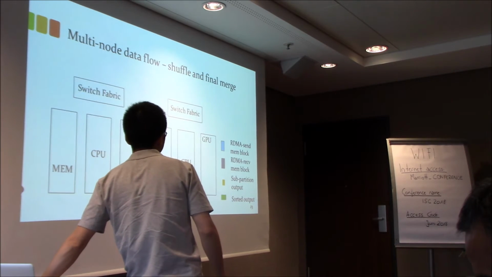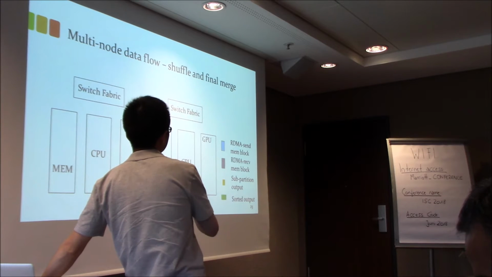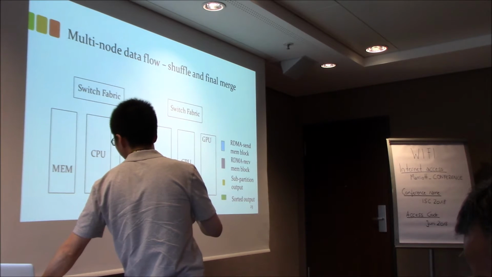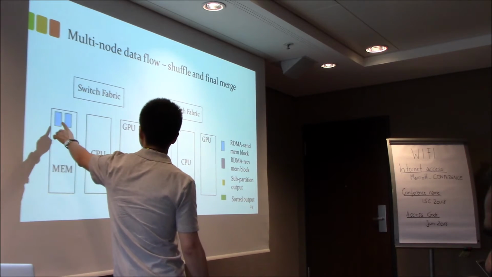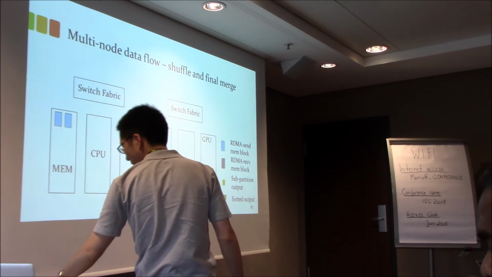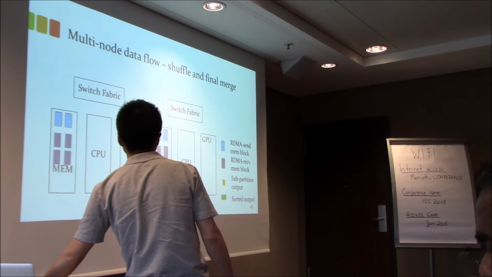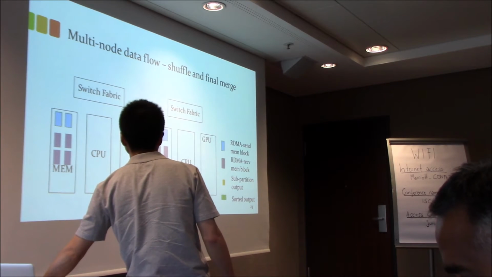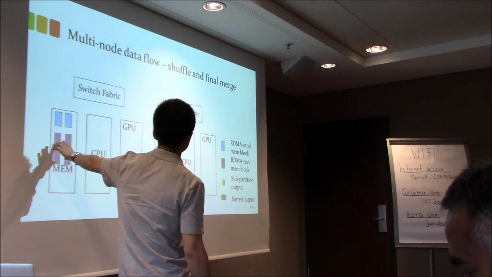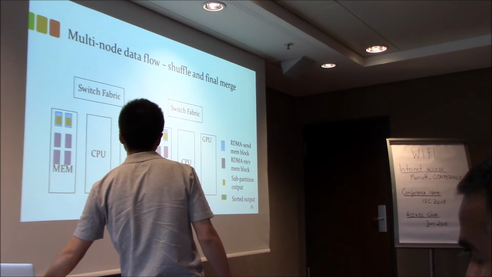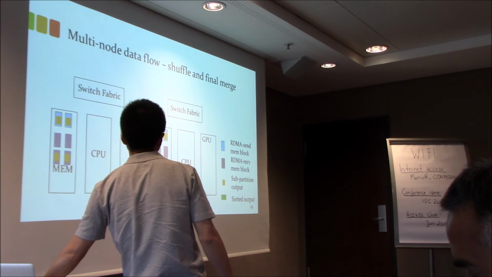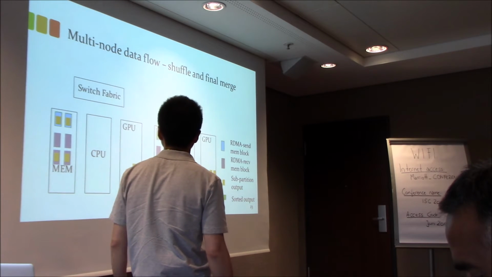And this is to show the shuffle going on with the final merge. This memory block is the send memory block, so it contains partition output, and the gray one is the RDMA receive memory buffer.